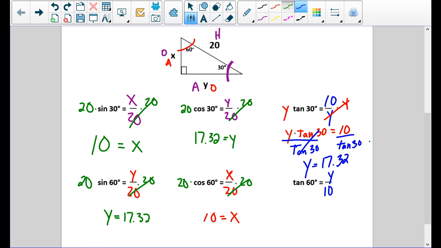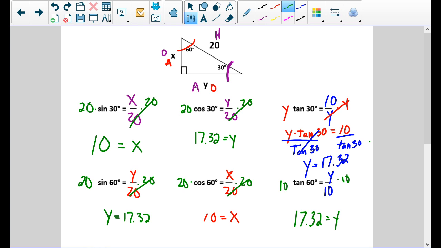If we solve this, multiply by 10: 10 times tangent of 60 gives me 17.32. So it doesn't matter how you solve this as long as you put the ratios in the right spot, using sine, cosine, tangent. Make sure I use whatever I need to find. Questions there so far?